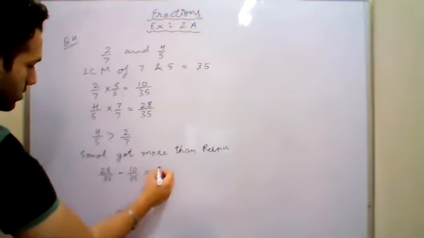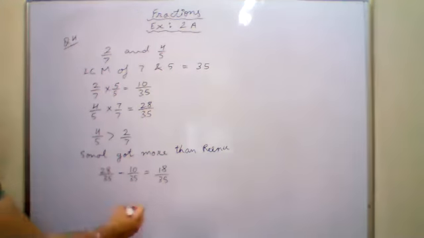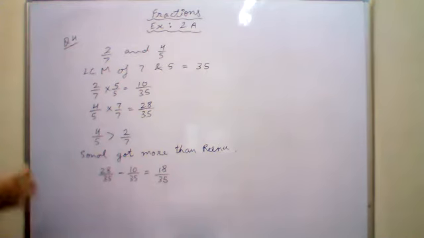So this is equals to 18/35. So Sonal has got 18/35 more as compared to Reenu. 18/35 of apple more.